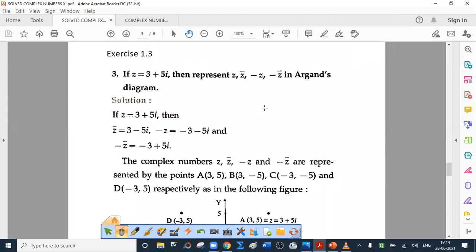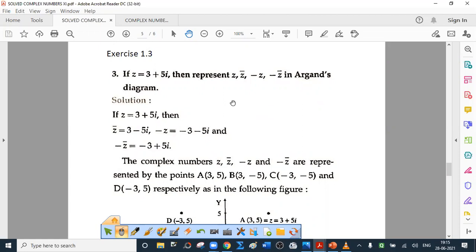Exercise 1.3. Actually, we will be solving first and second also, but let me explain the third one. Just listen to me. If z equal to 3 plus 5i, this is a simple one, then represent z, z bar, minus z, minus z bar in the Argand diagram.